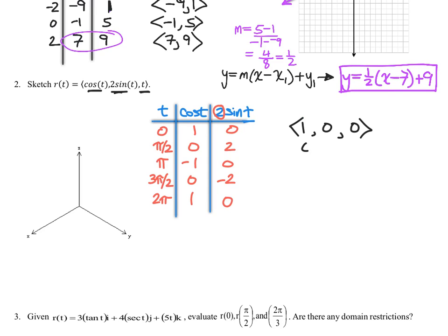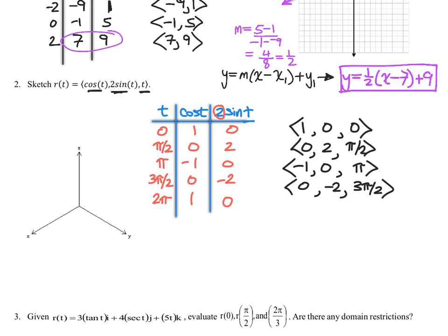So 0, 2, pi over 2. Negative 1, 0, pi. 0, negative 2, 3 pi over 2. 1, 0, 2 pi.